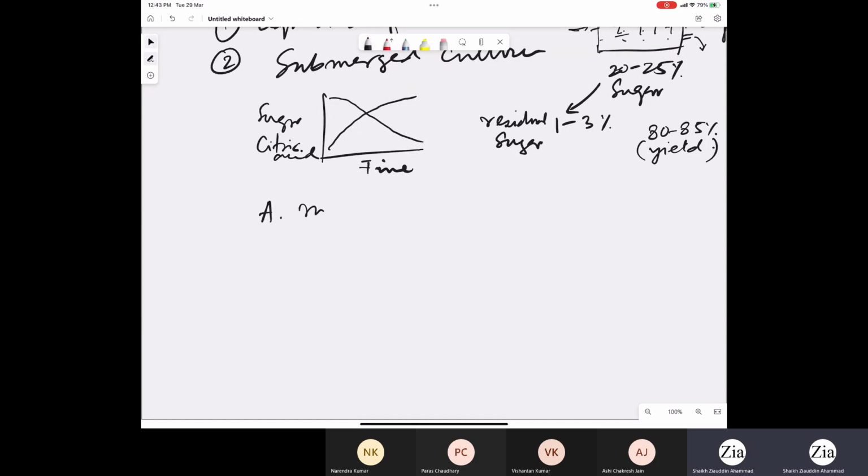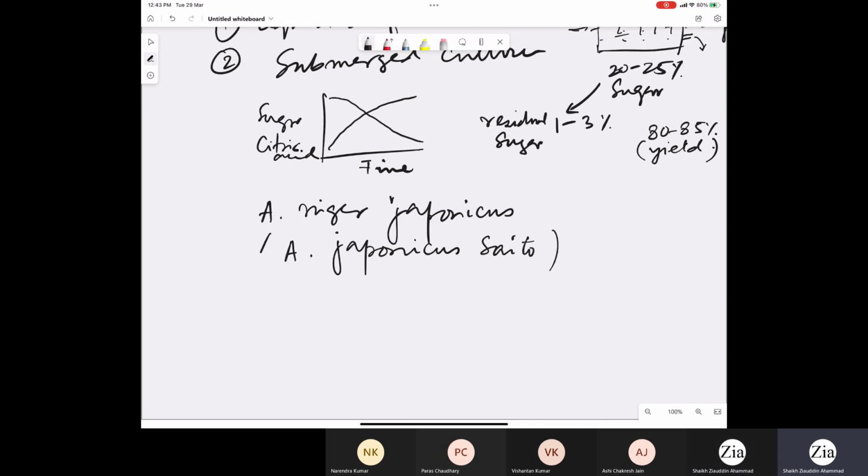So Aspergillus niger japonicus is also known as Aspergillus japonicus. Aspergillus japonicus or Aspergillus japonicus saito, they are the same. It is commonly known as black Aspergillus.